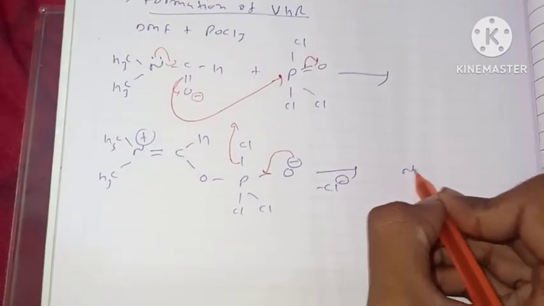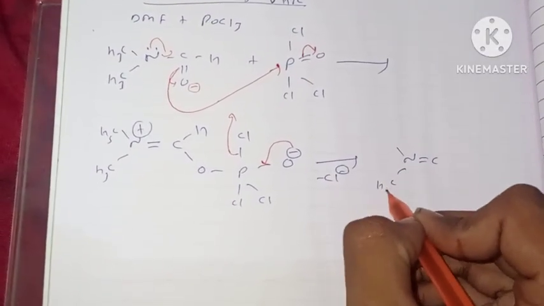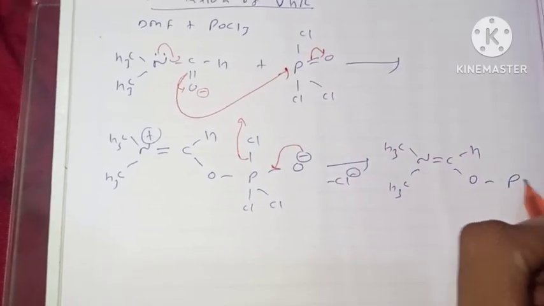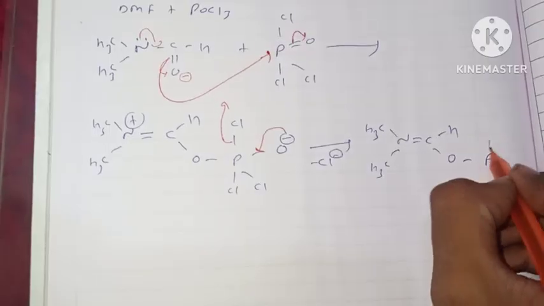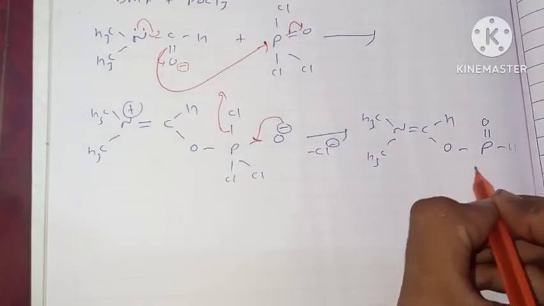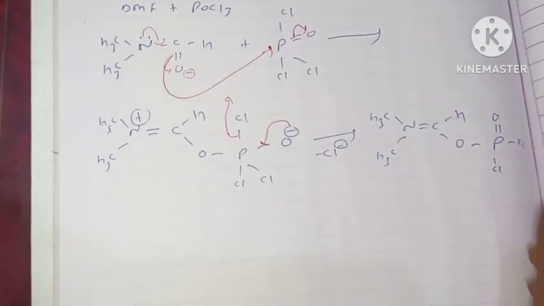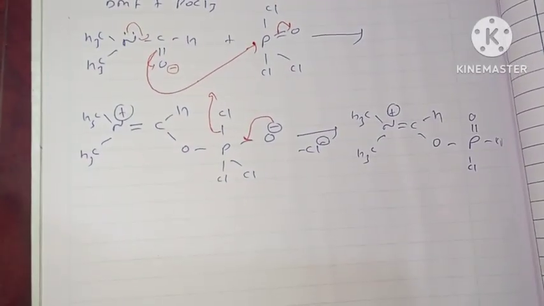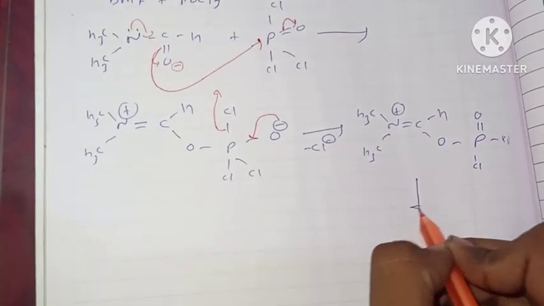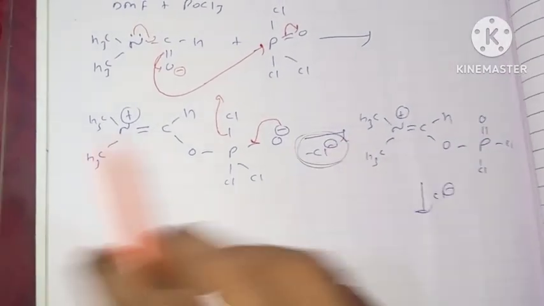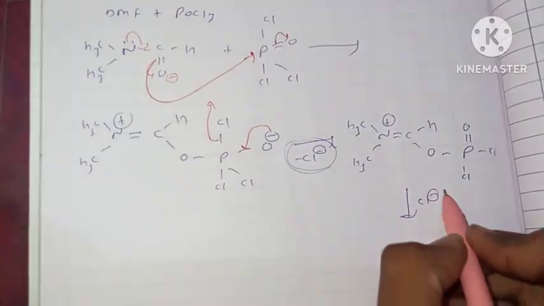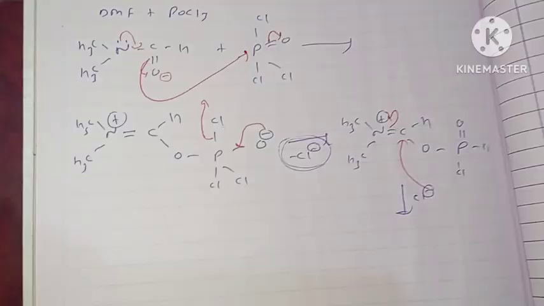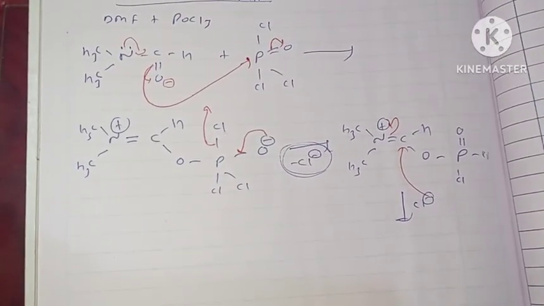Now draw the structure one more time. And nitrogen carries a positive charge. Here, this removed Cl attacks as a nucleophile on this carbon, so this bond shifts towards, that's why nitrogen regains its lone pair.